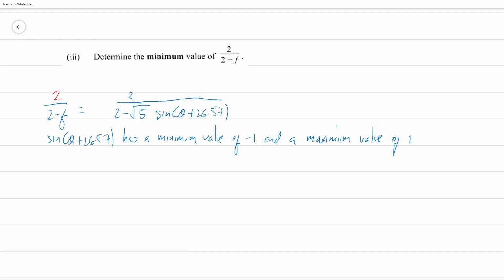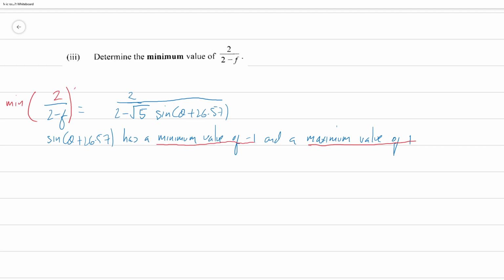We make that statement because this is the scenario for sine. Of course, it's the same for cosine as well, that you have a minimum value of -1 and a maximum value of 1. But we would like the minimum of this function.